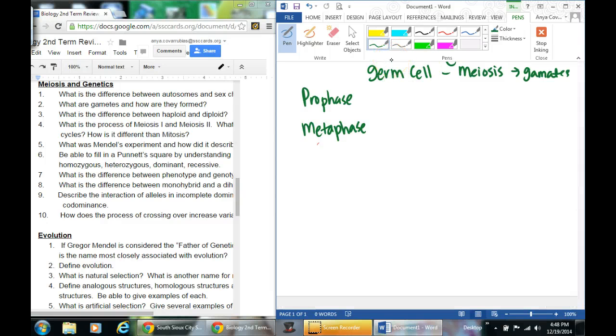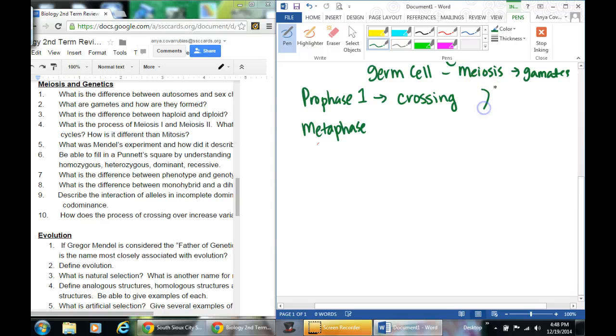So we have double the amount of DNA, and through these two rounds of dividing, they're going to increase genetic variability by the process of crossing over, which happens during prophase 1.